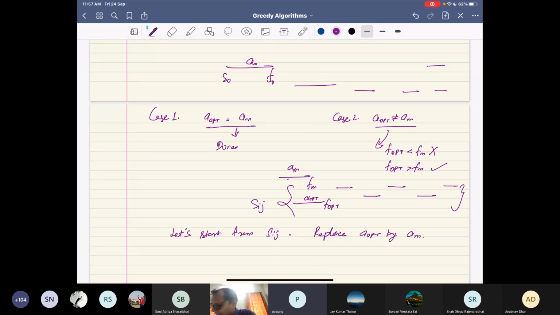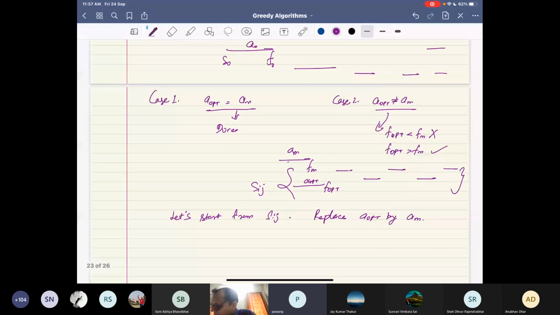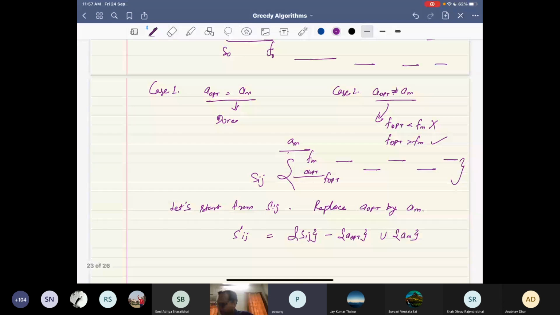So remove AOPT and include AM. You define a new set: S prime ij is Sij minus AOPT union AM. Okay?